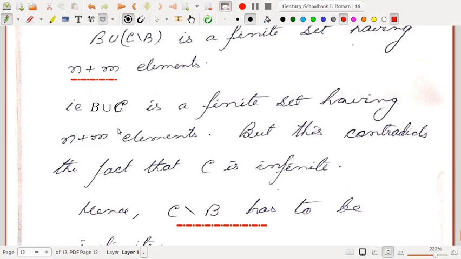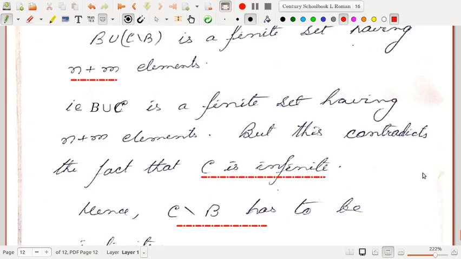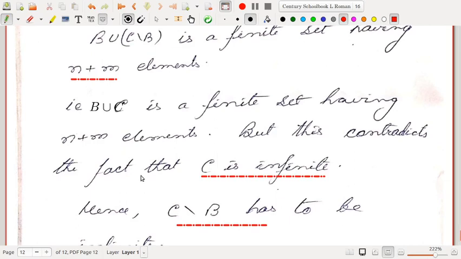So there exists a 1-1 map from C to n plus m. That is why, but that is not correct because C is infinite. So that is the reasoning. Maybe I missed this line here. I should have written it.